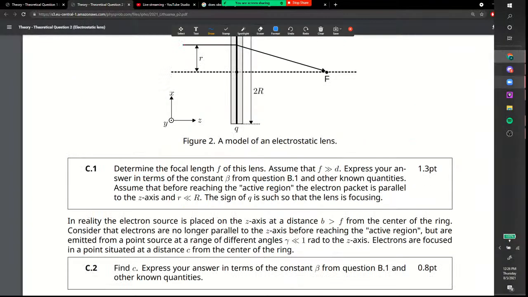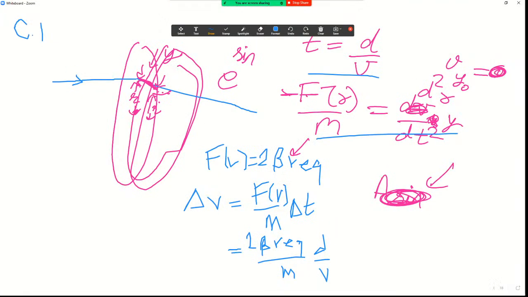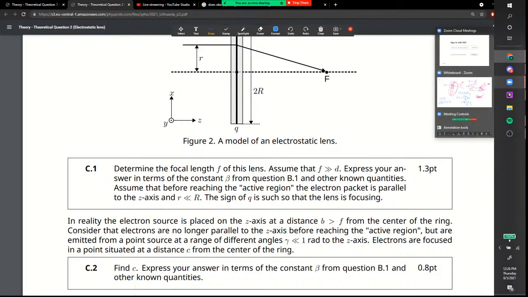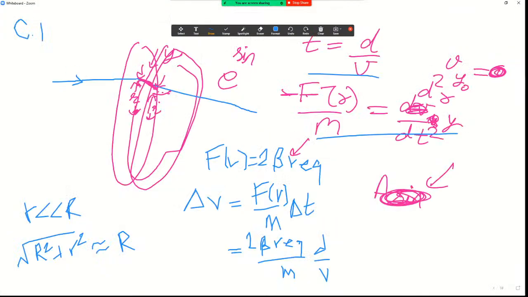So as r is much less than R, that implies that R squared plus little r squared is approximately R. Oh, actually, I'm just going to assume that r is much less than the focal length. Let me erase this.